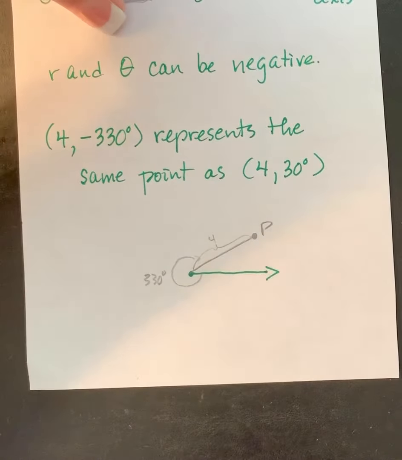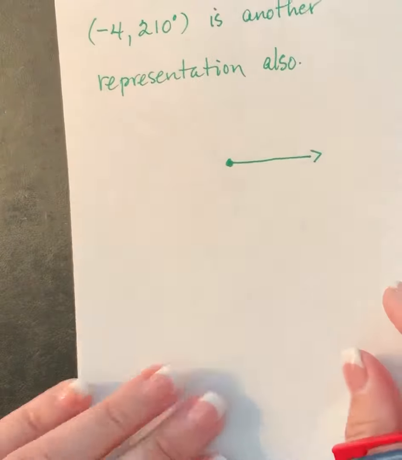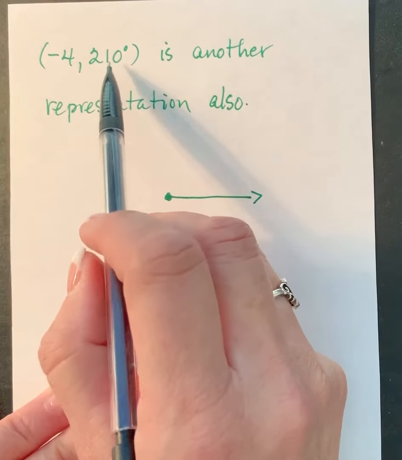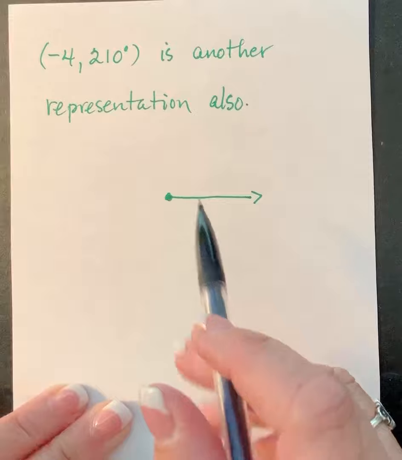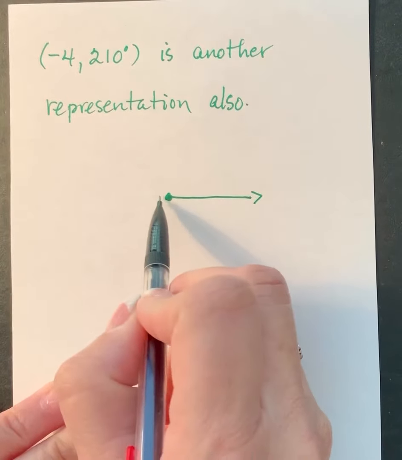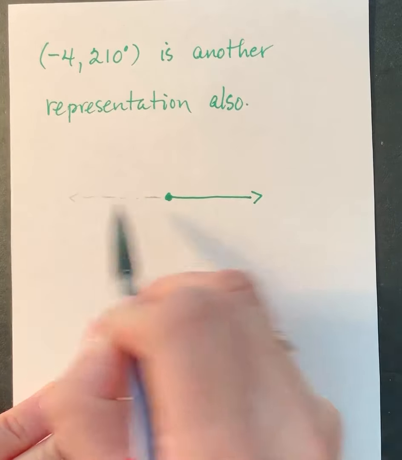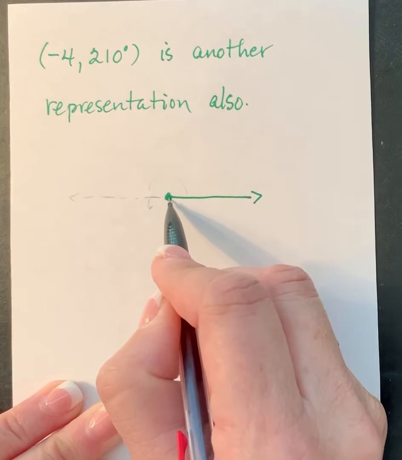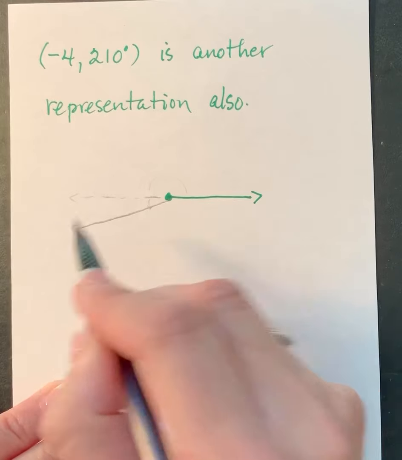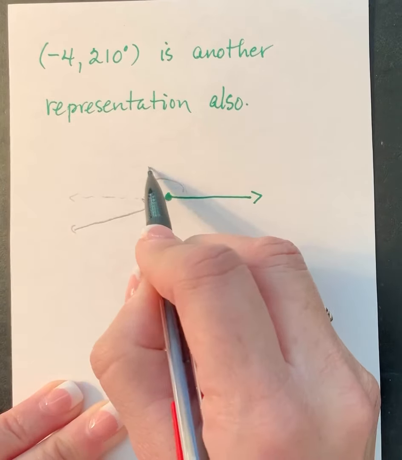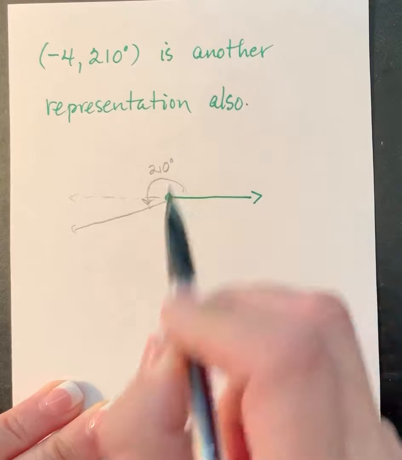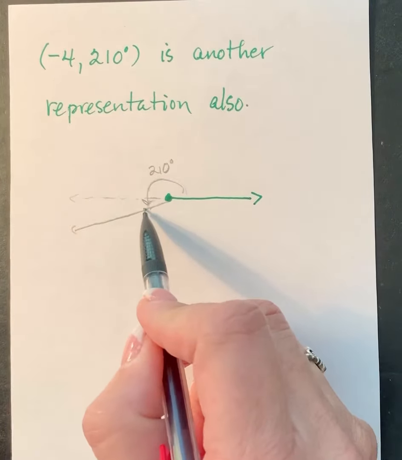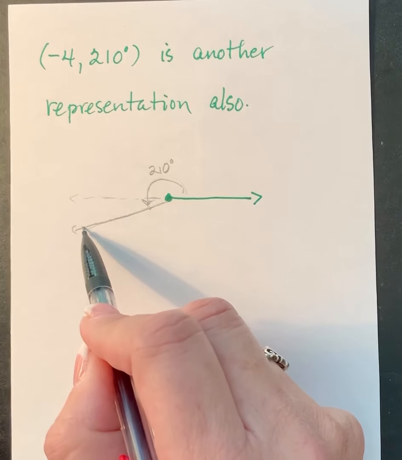Now, another representation would be if you had negative 4 comma positive 210 degrees. Okay, so 210 degrees. Well, we would know if we went this way, that'd be 180. So it would be 30 additional past 180, so here would be 210 degrees. Now, if r was positive 4, then you would go out 4 units along the 210 degrees.